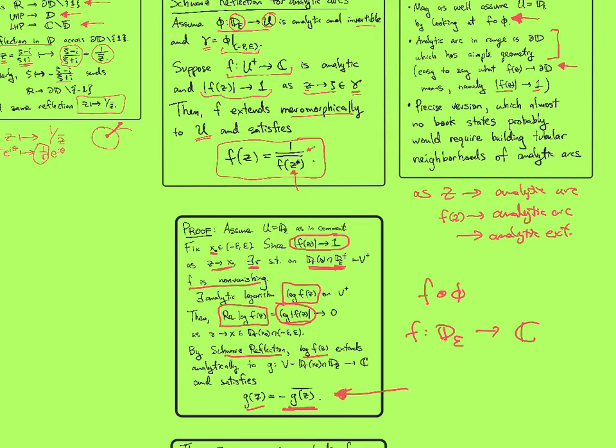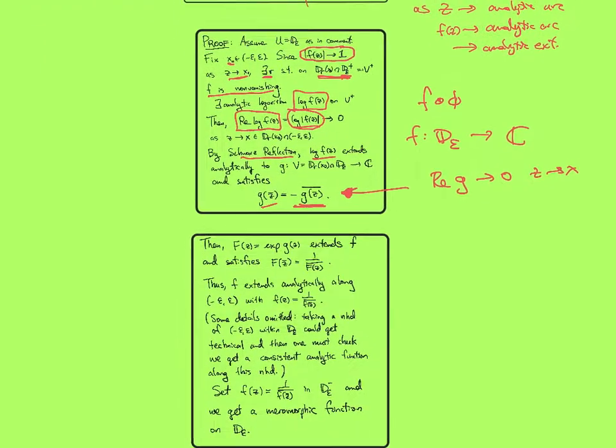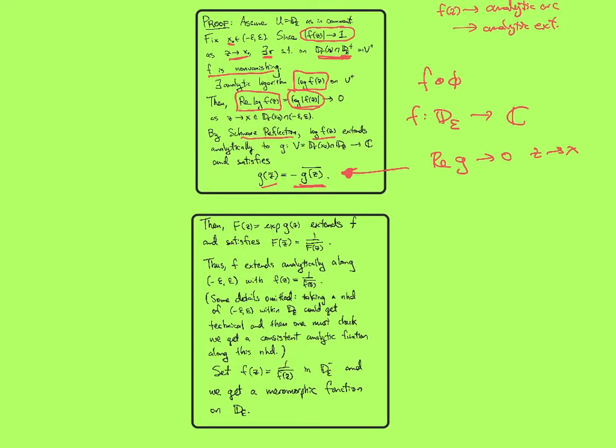If I have an analytic function whose real part tends to 0 as you tend to the real line, then this is the right reflection for it. Okay, and then here's just a sketch of the last bit. Capital F equal to the exponential of G will be an analytic extension of F, and it satisfies the right reflection. So you get that F will extend analytically along the whole real interval.